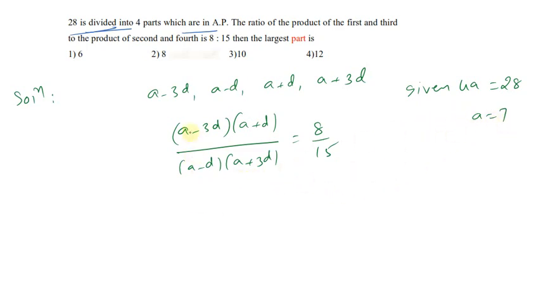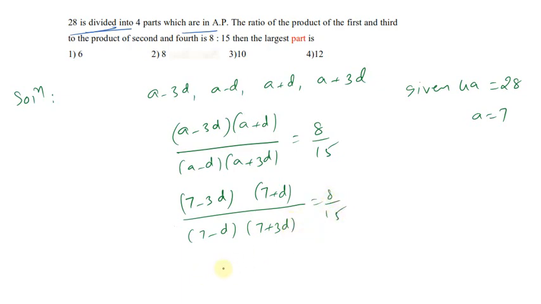Now when I substitute a is equal to 7 in this, 7 minus 3d into 7 plus 3d whole by 7 minus d into 7 plus 3d is equal to 8 by 15. So let me cross multiply and simplify. After the simplification, you are getting d value 1. So once you have the d value and the a value, you can find the largest term.